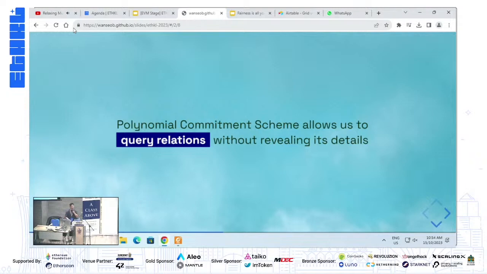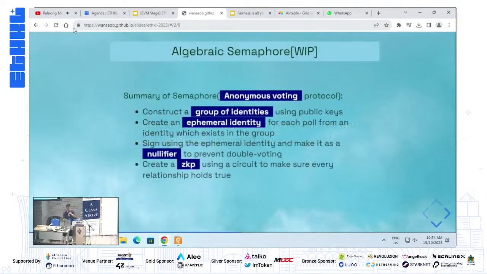A ZK program has a lot of extra computations to prove that, and this is much more succinct and much faster.